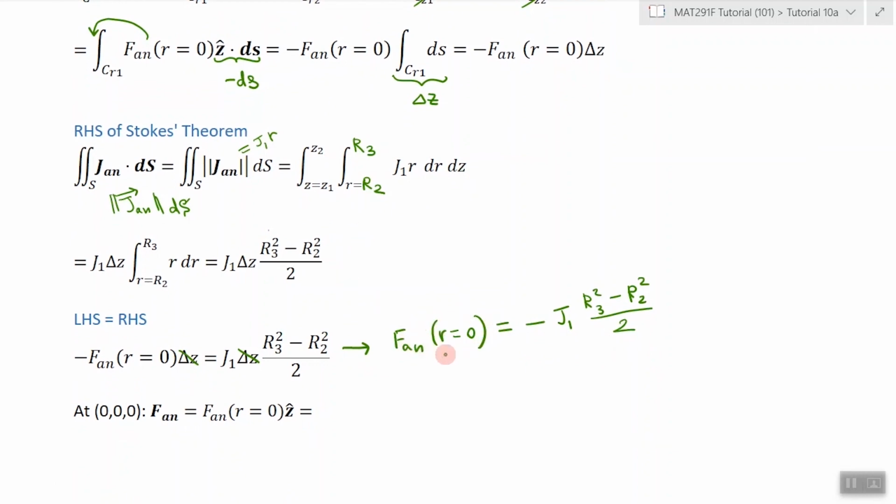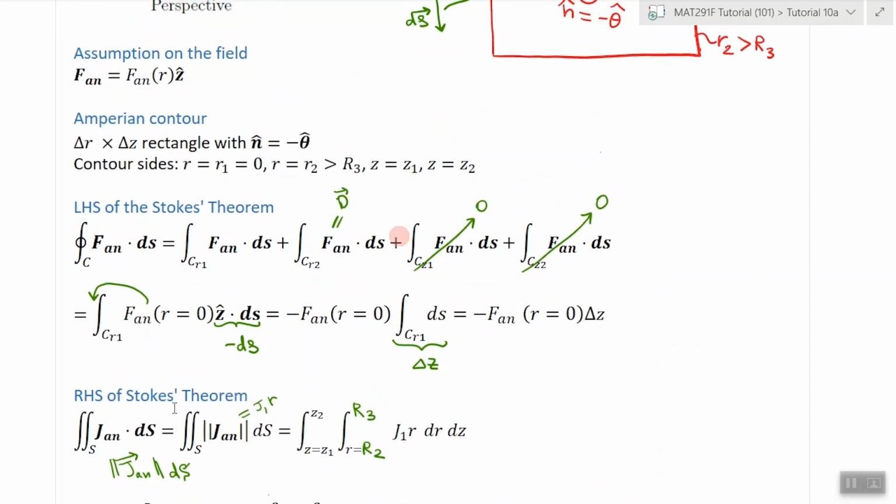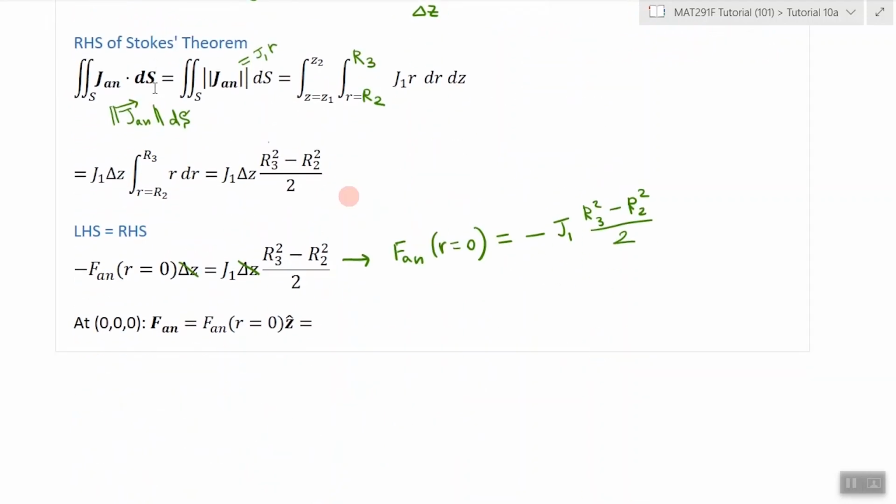Then, using this, we can get the field at 0, 0, 0, where we're interested in. So we use, again, this formula for our field. We know that at 0, 0, 0, r, which is the distance from the z-axis, is equal to 0. That's why I wrote this. And this we already solved for right here.